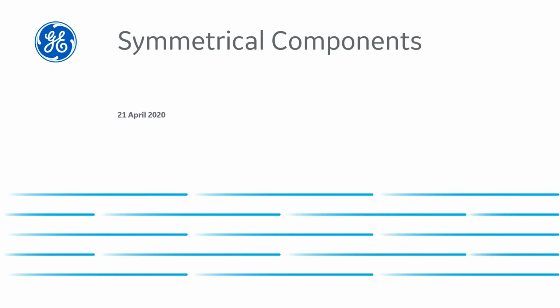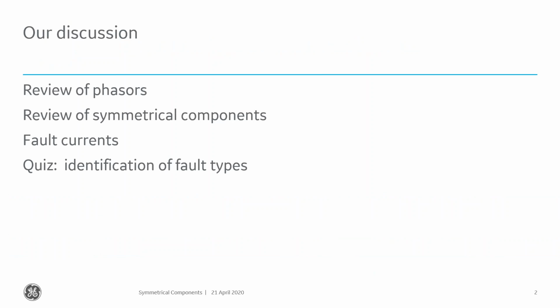But pretty much what I'm going to try to limit my discussion to is this: you can't really talk about symmetrical components without first talking about phasors, how we add phasors, what phasors are, and what they mean. And then I'm going to review what symmetrical components are. To me, the real benefit of understanding symmetrical components is in identifying fault currents and calculating some of those fault currents.